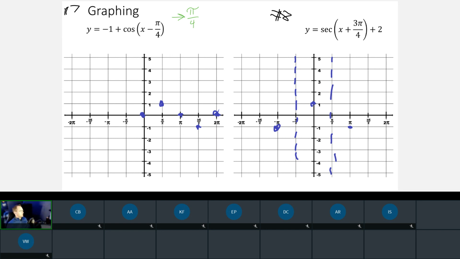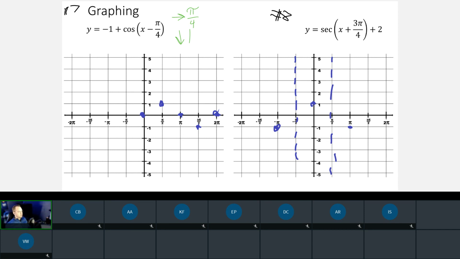All right, and then what's the vertical shift? Down 1. Yep. All right, so all we have to do is take the parent function points. I actually plotted quite a bit of them, and we just move all of them accordingly. So let's start with the one at the origin. So down 1 and over pi over 4.